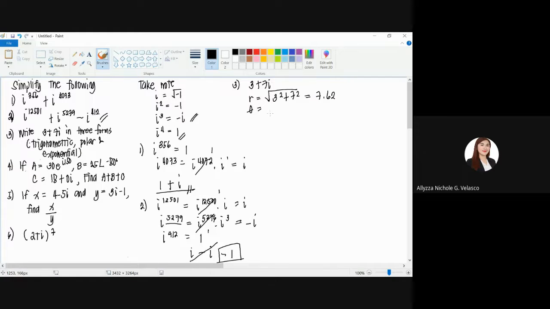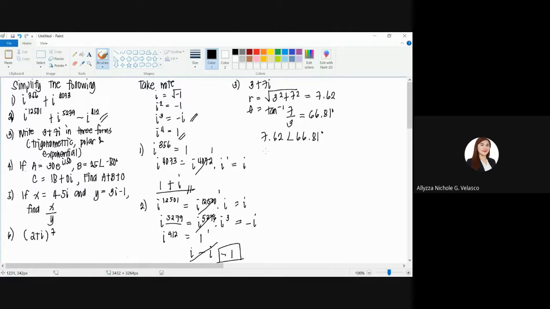that is equal to 7.62. And for the theta or angle, inverse tangent or arctan of 7 over 3 or b over a, that is equal to 66.81 degrees. So therefore, ang atin pong polar form ng 3 plus 7i will be 7.62 angle 66.81.